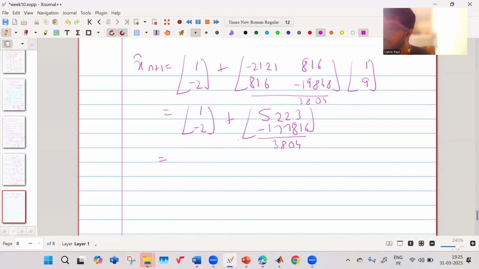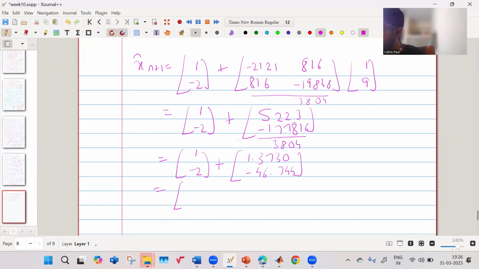So we have this: 1 minus 2 plus 523 divided by 3 is 4, that will equal 1.3730. This minus 177.6 23 into 4 becomes equal to minus 46.744.